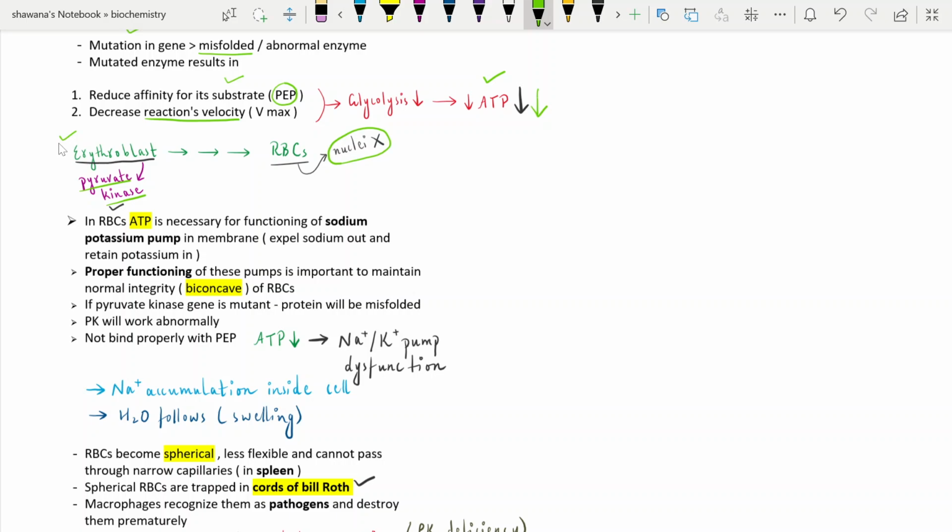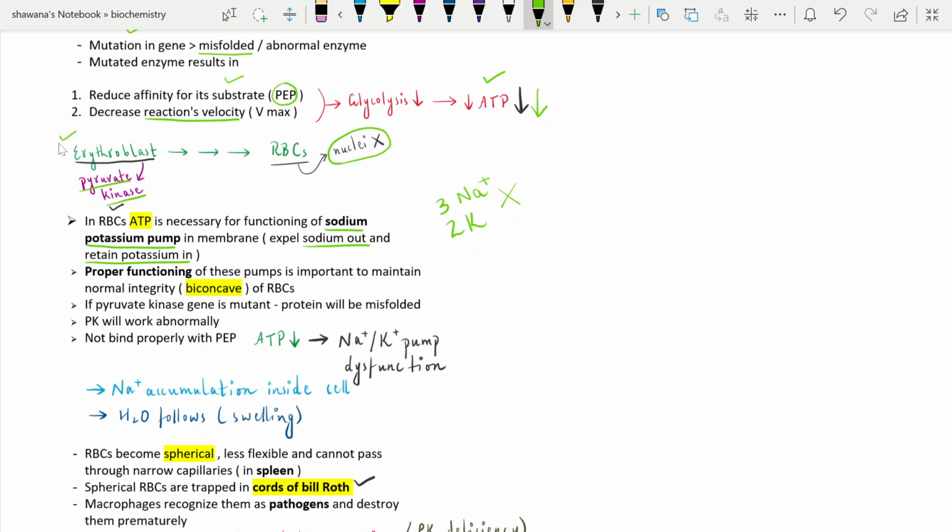As you know, all cells of the body, including RBCs, have special pumps known as sodium potassium pumps in their membranes, which are constantly working. They expel 3 sodium out and retain 2 potassium in the cell. These pumps are very important for maintaining the normal biconcave integrity of the RBCs.